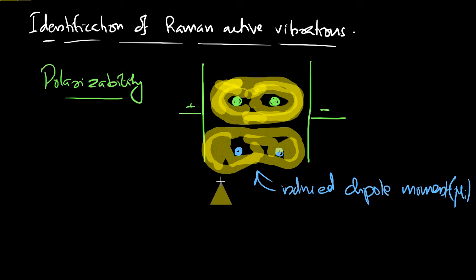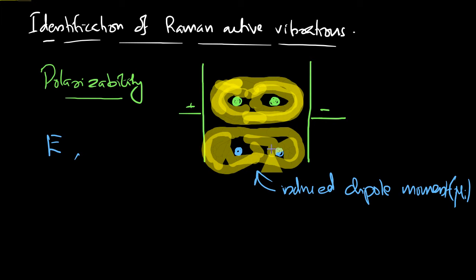One is the electric field strength, and another factor is how easy it is to distort the electronic charge cloud around the molecule, or how easy it is to pull the electronic charge cloud from the clutches of the nucleus. That is another factor.